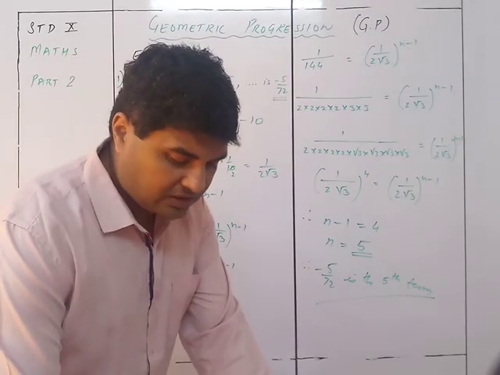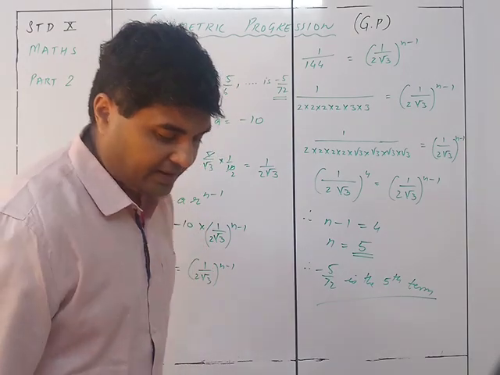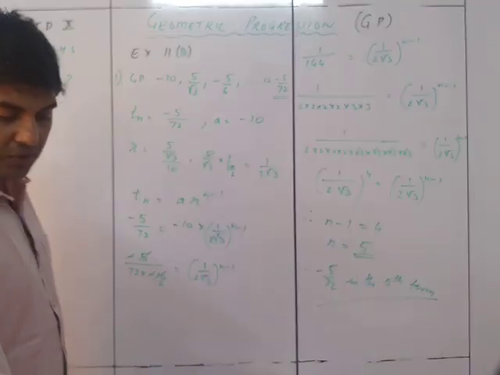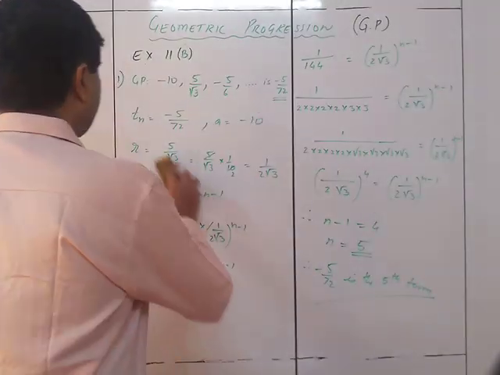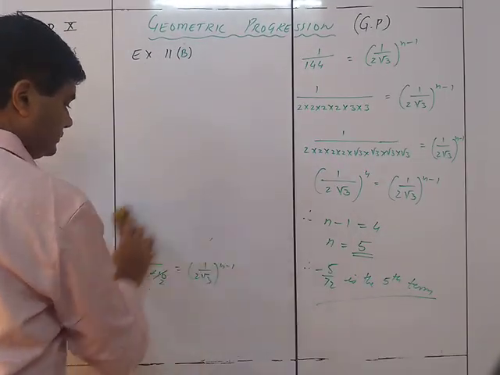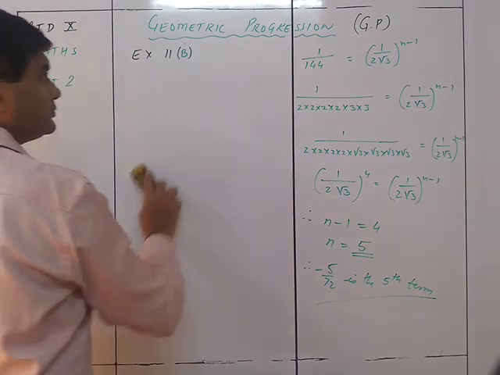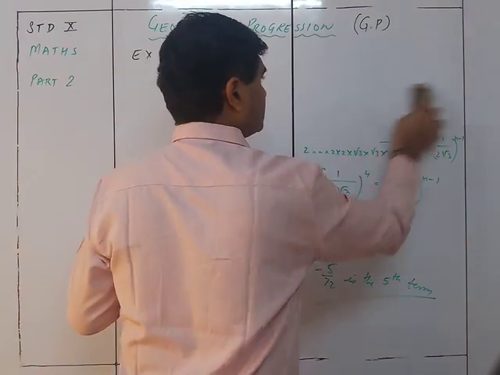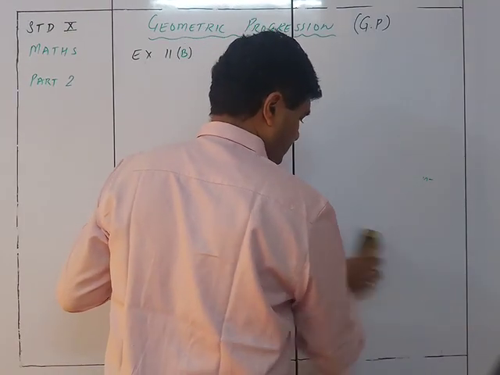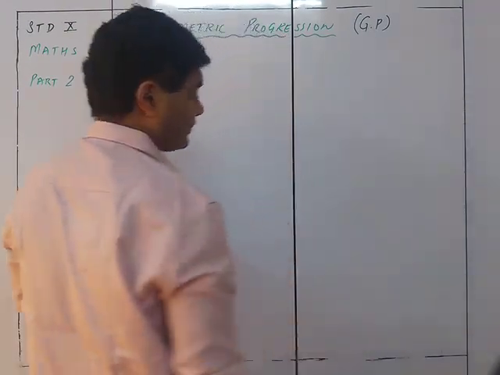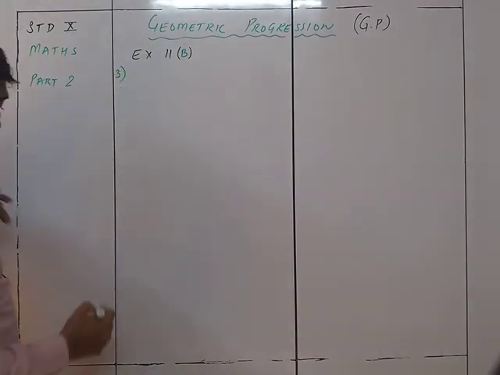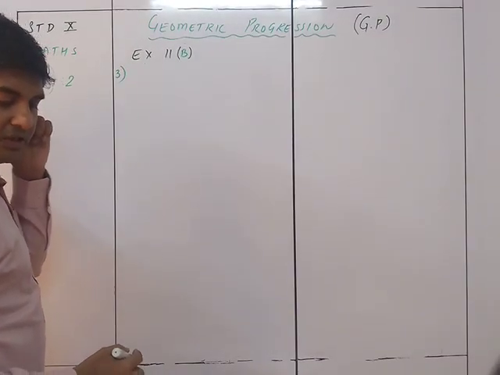Fourth and the seventh term of the GP are 1 upon 18 and minus 1 upon 486. You need to find out the GP. So the third sum is the fourth term.